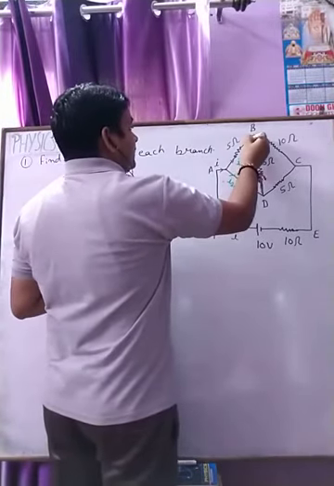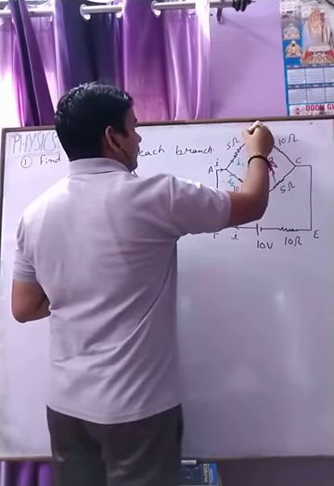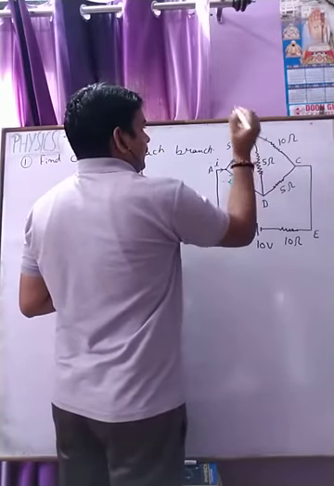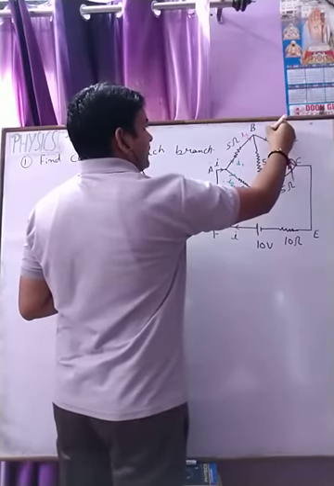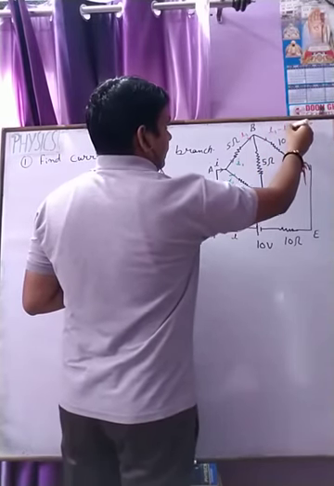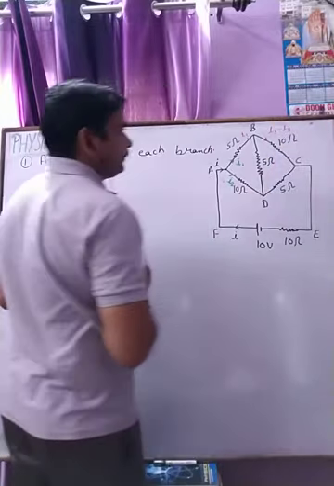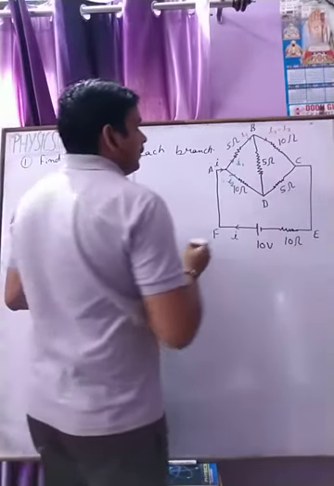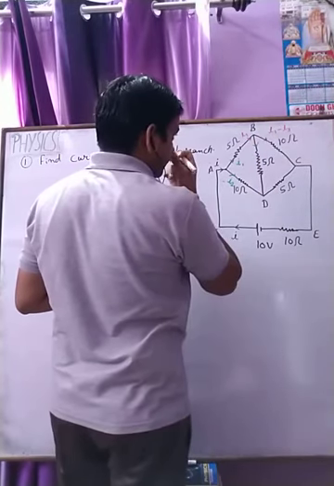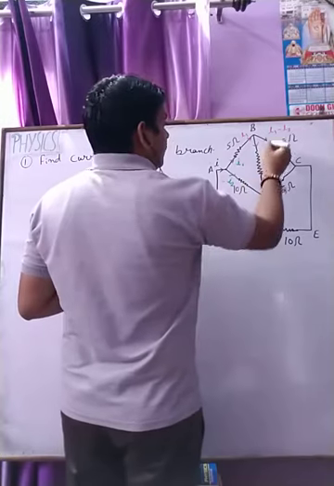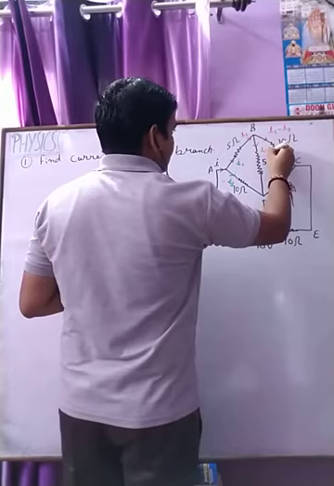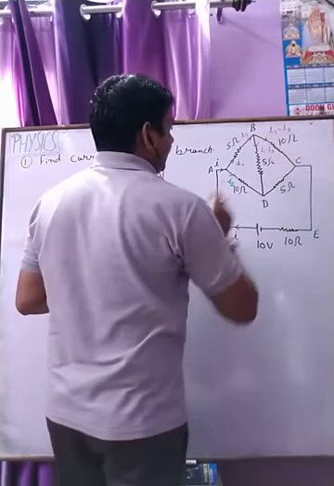When this current reaches point B, then in branch BC it is distributed as I1 minus I3. So this current is I1 minus I3, and in branch BD, I3.